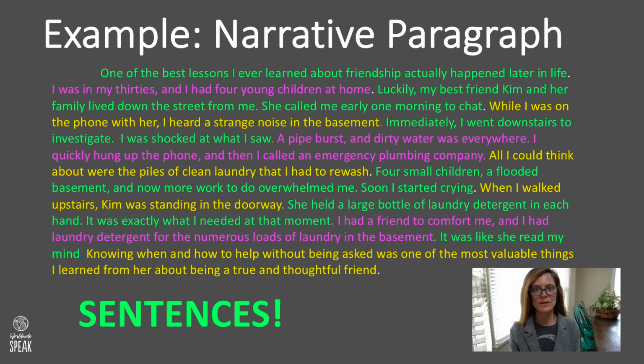The green sentences are simple sentences. The pink sentences are compound sentences, and the yellow sentences are complex sentences. And you notice when you take a look at this entire paragraph, it has all the colors sprinkled throughout the paragraph. And so you have a nice variety of simple, compound, and complex sentences, which makes it very easy for the reader to read. It makes the paragraph flow smoothly.